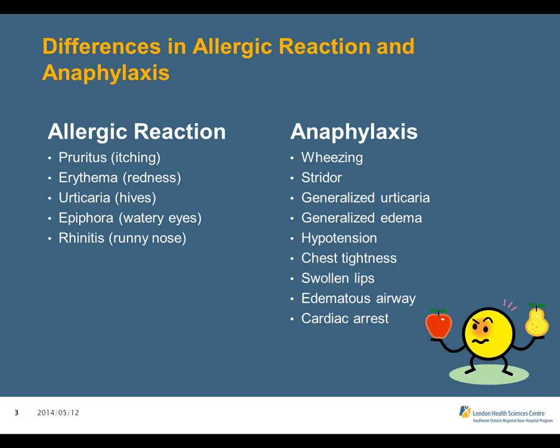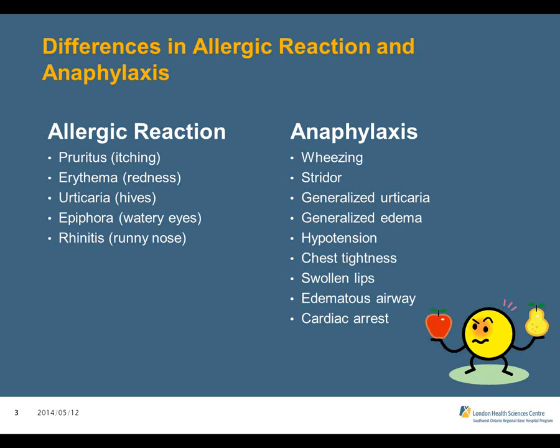On the other hand, anaphylaxis is a more systemic response to the foreign antigen. So in addition to the cutaneous findings that you get in an allergic reaction, you will also see things affecting other organ systems with anaphylaxis. So for instance, with the respiratory system, you may find that a patient has some wheezing or stridor due to airway edema.